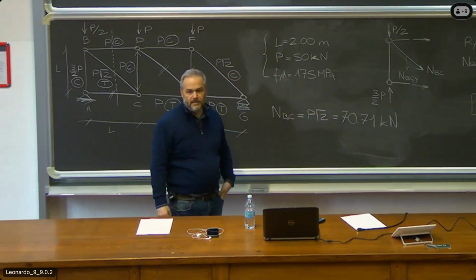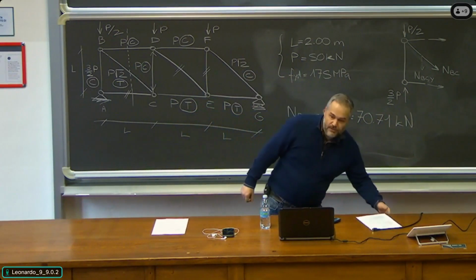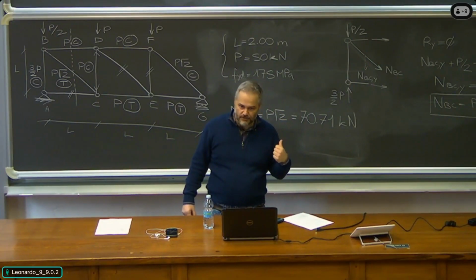Okay? This is my design force. As it was specified at the bottom of the assignment, no coefficients should be added to the loads applied and the yield strength FYD as given above. So I will design for this force here.